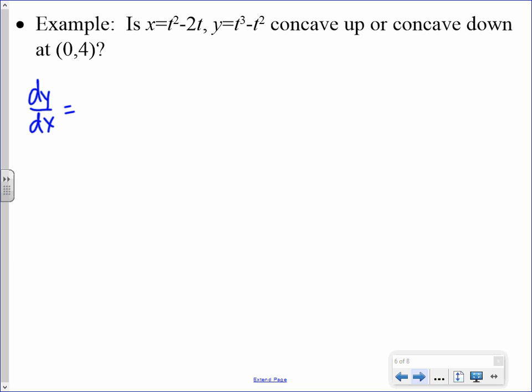What is dy/dx? (3t squared minus 2t) over (2t minus 2). Okay, can we simplify that at all? No chance.